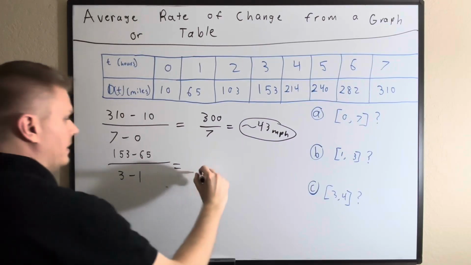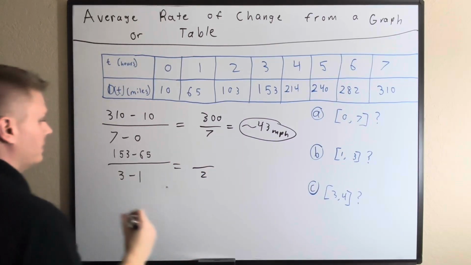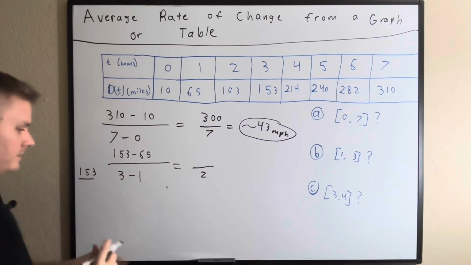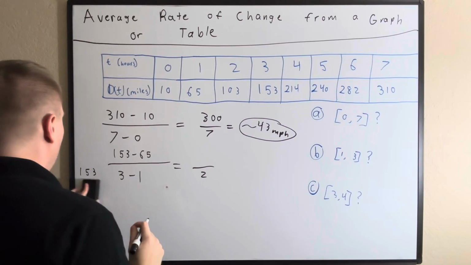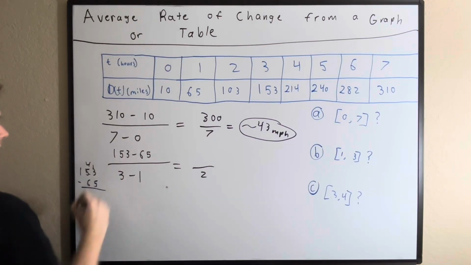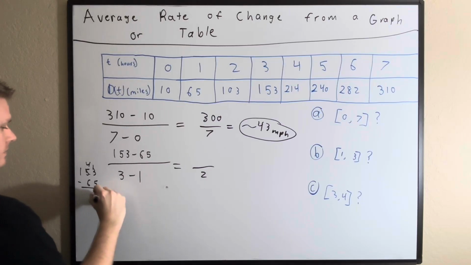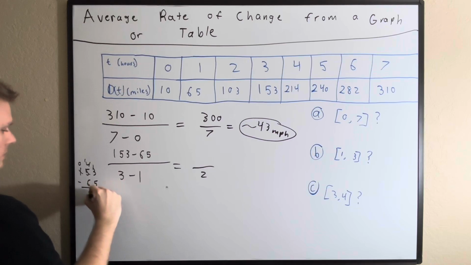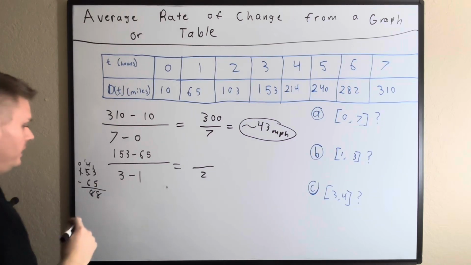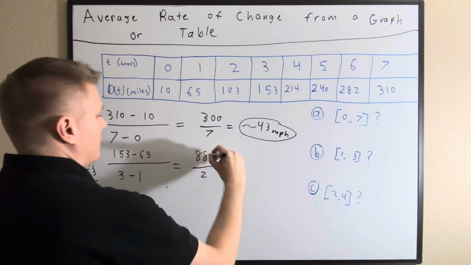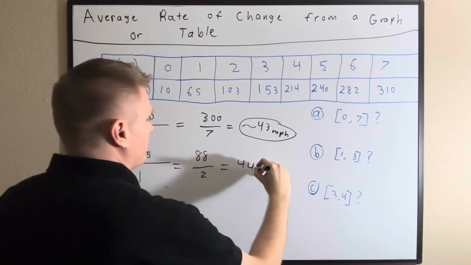Okay. Denominator is easy enough. 153 minus 65. I can't do this math in my head. 13 minus 5 is 8, right? 14 minus 6 is another 8. 88 miles. Okay. 88 divided by 2 is 44 miles per hour.